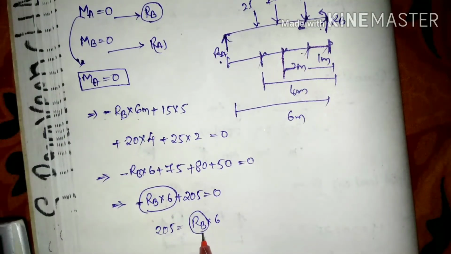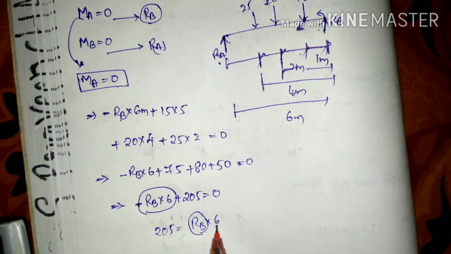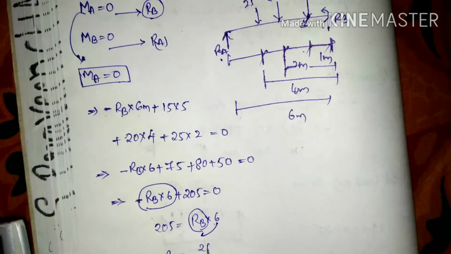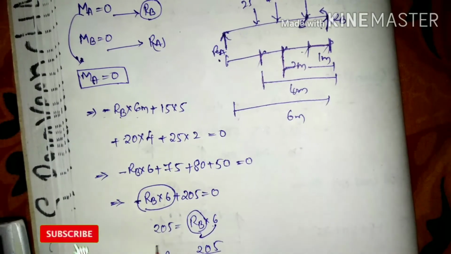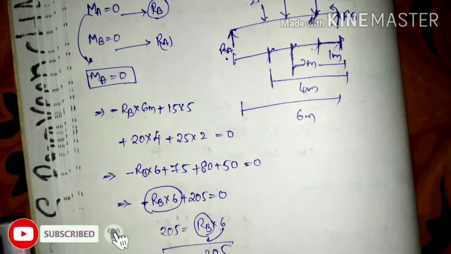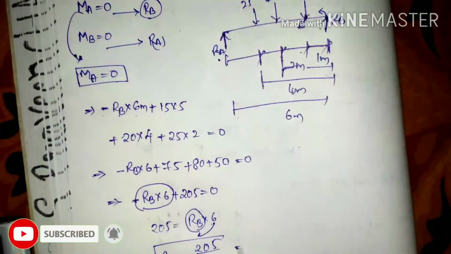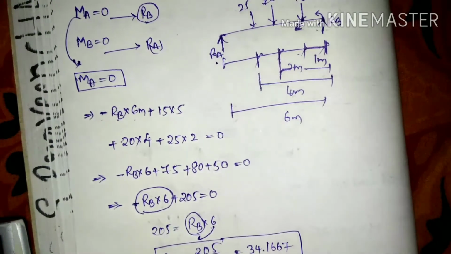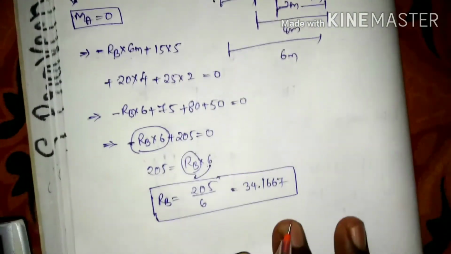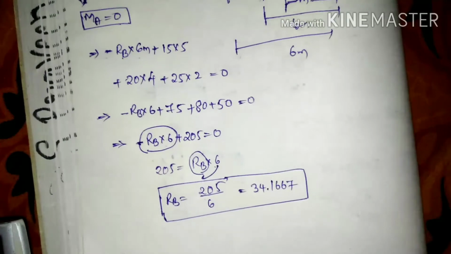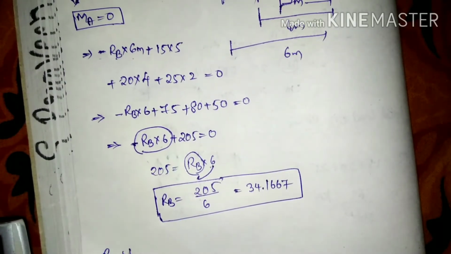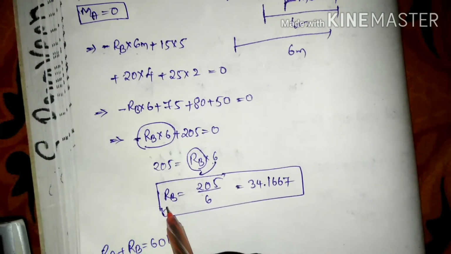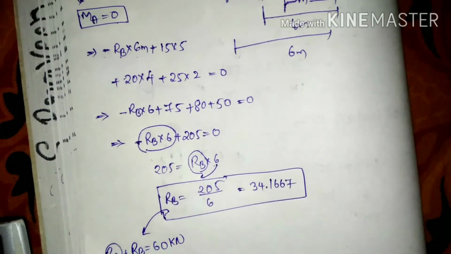We have to find only the RB reaction, so I am sending the 6 to the LHS, so RB is equal to 205 by 6. That is going to be the value of 34.1667. The value of RB is equal to 34.1667. As we know that RA plus RB is equal to 60 kilonewtons, I am substituting the RB value in this equation to get the value of RA.